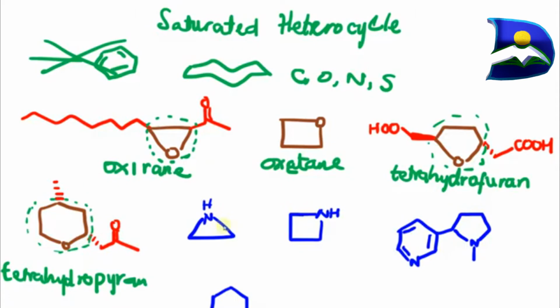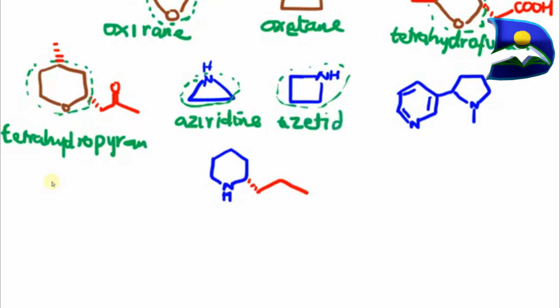The next ones look at nitrogens. We have a three-membered ring that has nitrogen present in it, which shows the heterocyclic form of this compound, and this is called aziridine. The next one is nitrogen present in a four-membered ring, which is called azetidine.